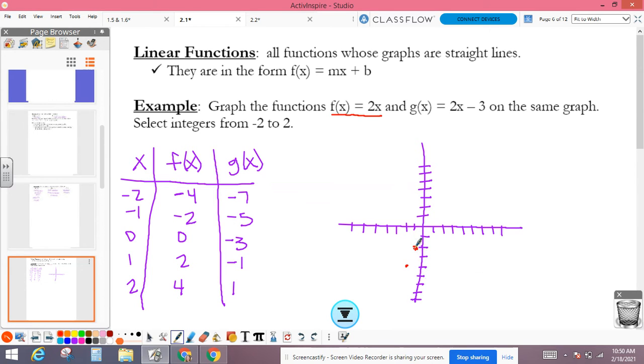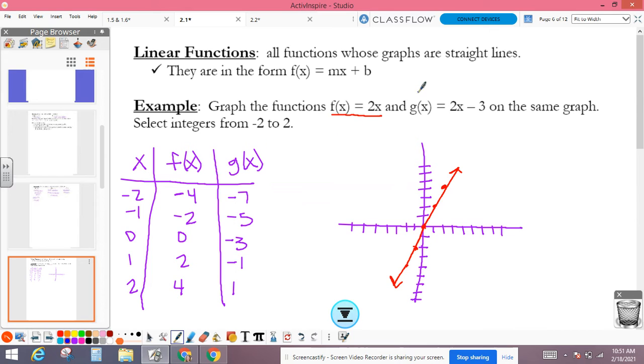I can't hold it too long, so drawing a picture is really difficult. 0, 0, and I'm not on an actual coordinate plane, so it's going to look a hot mess. 1, 2, and 2, 4, and that should make a line. And we're going to pretend like it's straight, and then I went through my dots.